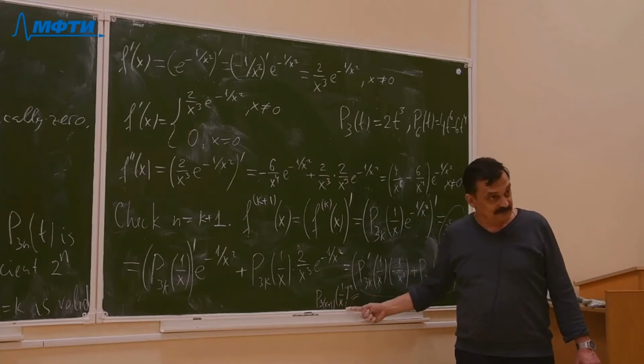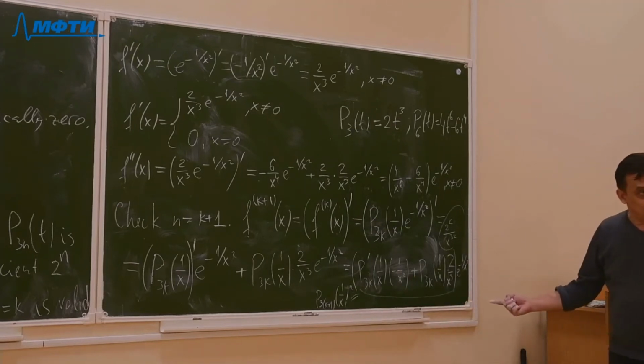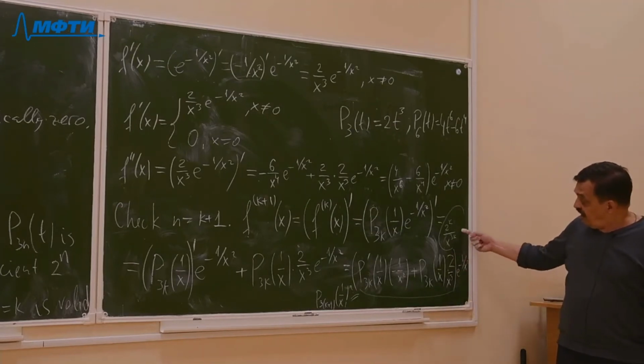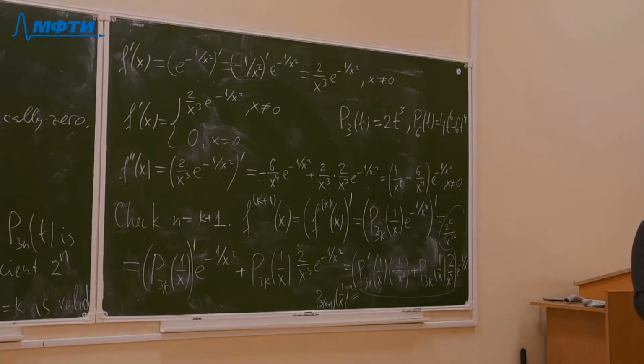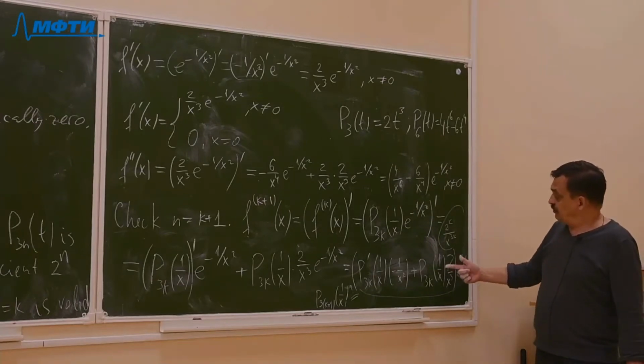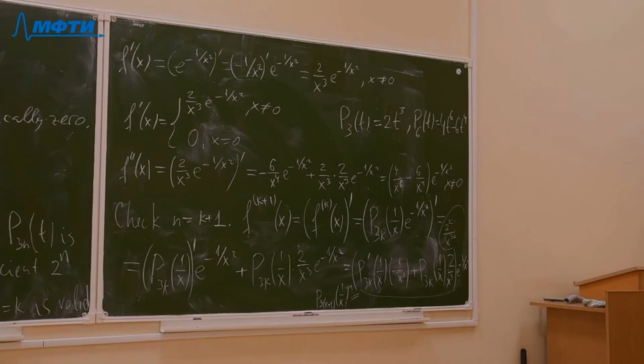Precisely what should be here, right? What remains? Okay, the powers of 1 over x are smaller, right? For example, 1 over x to the power 3k minus 3, maybe, or 3k minus 1 even, doesn't matter, right?